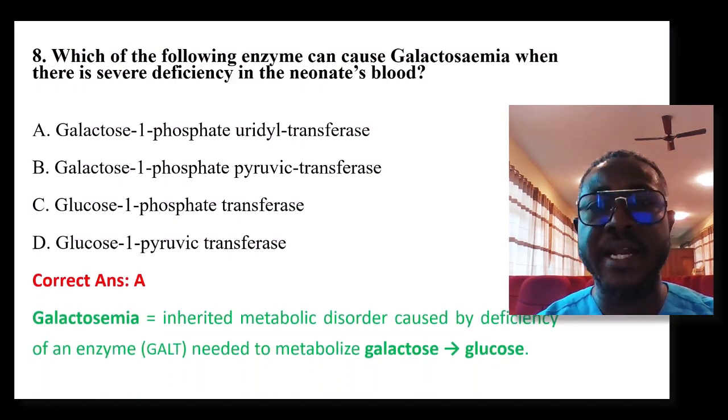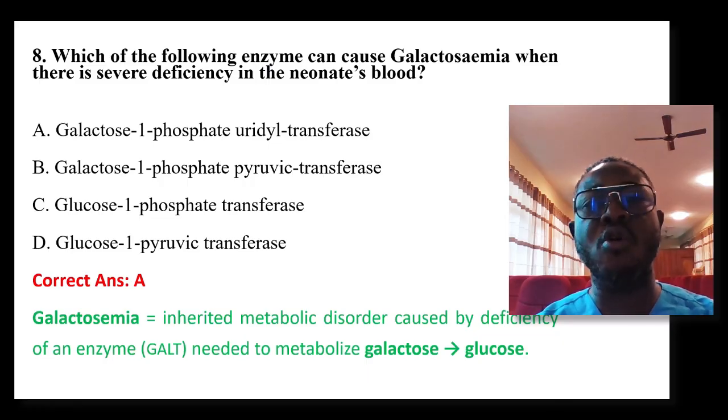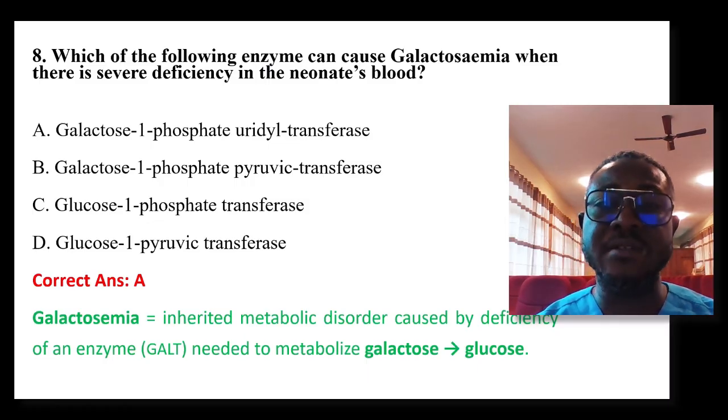So you see, when you look at the stem of the question, it is just asking you for the cause of galactosemia, the enzyme that when it is absent, its deficiency can lead to what? Galactosemia, and that is all. Okay, and that is what? Galactose 1 phosphate uridyl transferase.